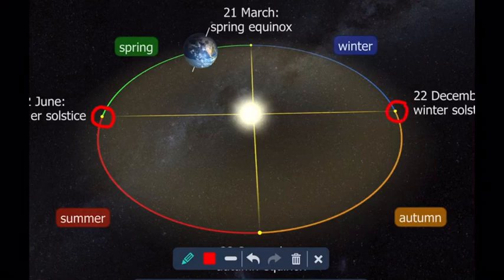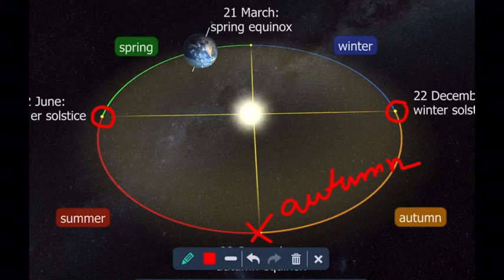And in between summer solstice and winter solstice, we have got autumn equinox, when neither the day is longer nor the night is shorter. And here in between winter solstice and the summer solstice, we have got the spring equinox, where again neither the day nor the night is longer or shorter than each other. They are of equal length.